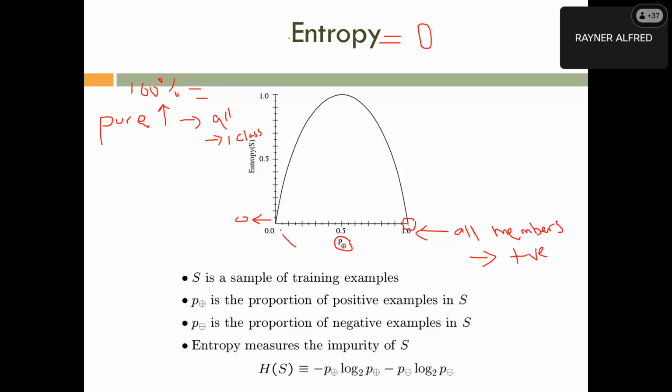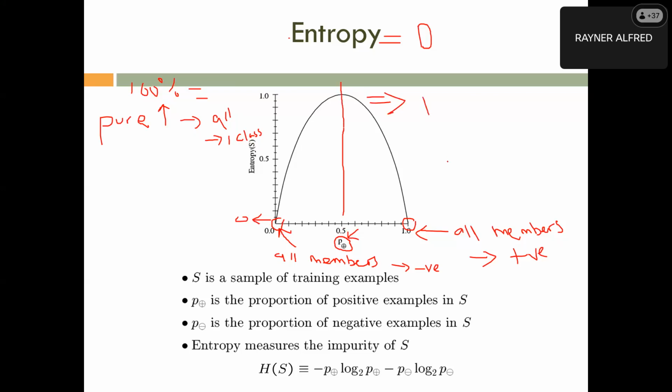So when we are here, we are saying that all members belong to the negative sample, because we do not have a positive sample, so it must be negative. So still the entropy is 0. But if we are here, that means 50% of the sample belong to positive because we have 0.5 here, and 50% belong to negative. So the entropy value here is 1.